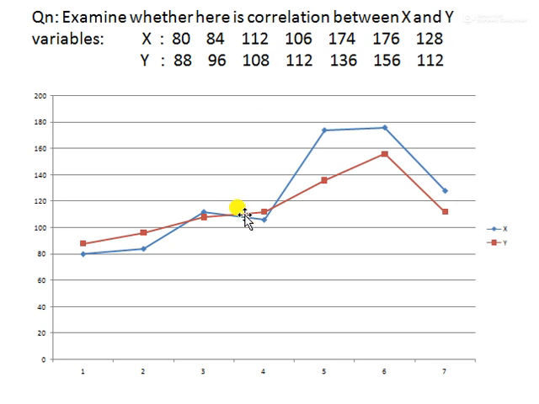In this particular situation only, x and y are moving in the opposite direction. However, when we consider the overall or average change in the variables, we can infer that both the variables are moving in the same direction, and therefore there is a high degree of positive correlation between x and y.